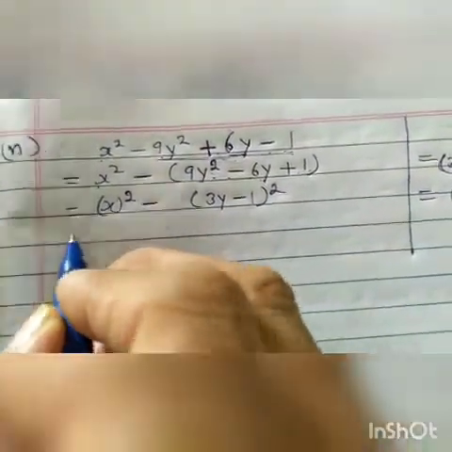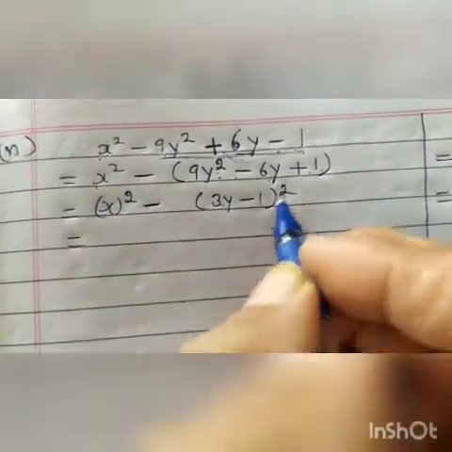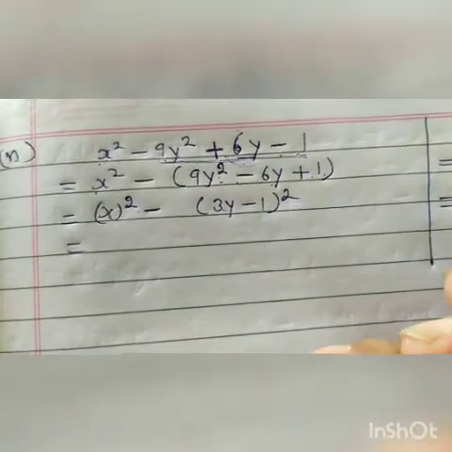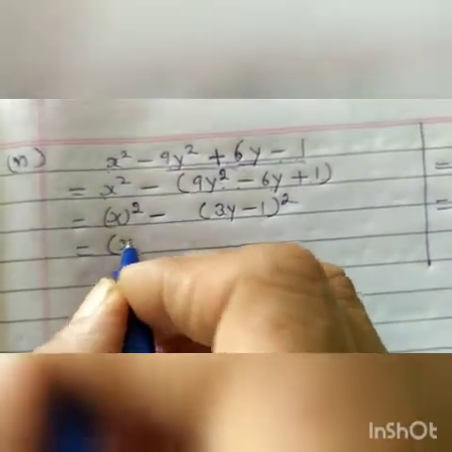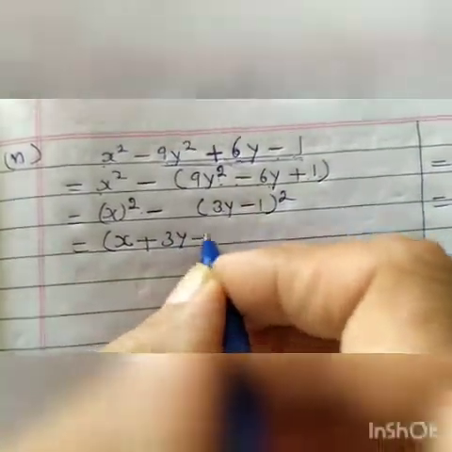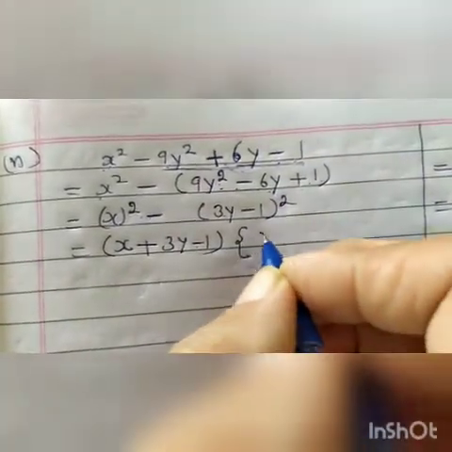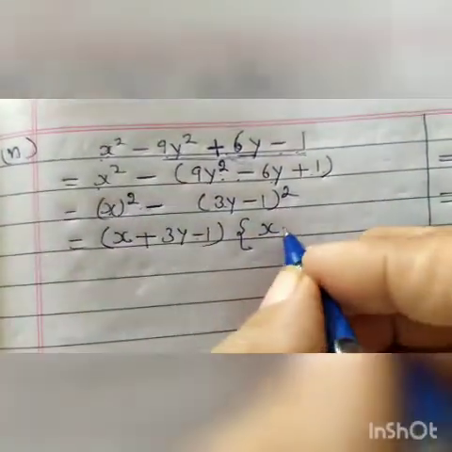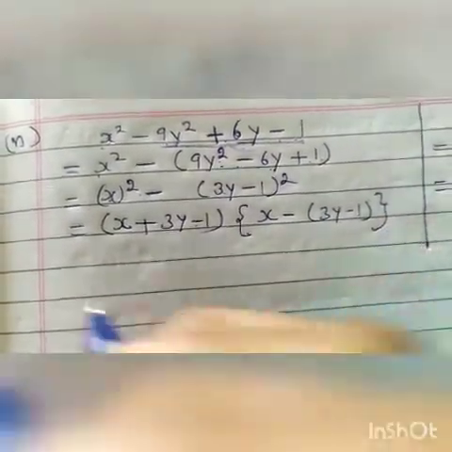Now it is the third identity. a square minus b square is equal to (a plus b)(a minus b). So a plus b means x plus, b means 3y minus 1. Then a minus b: a is x minus b, b is 3y minus 1.